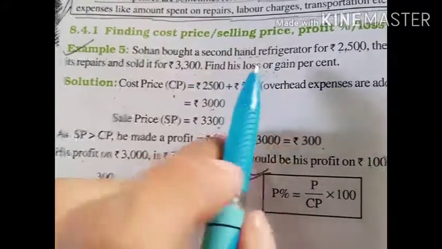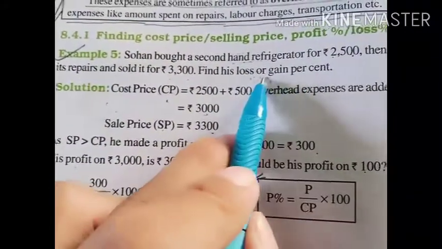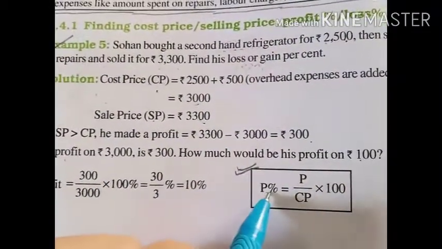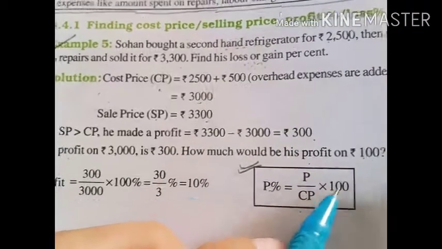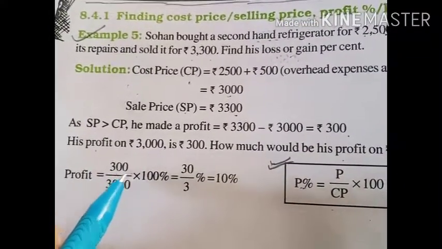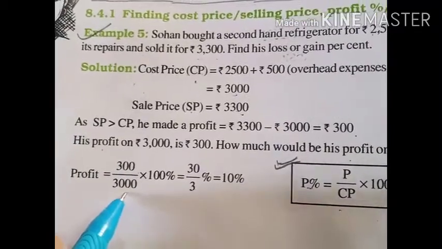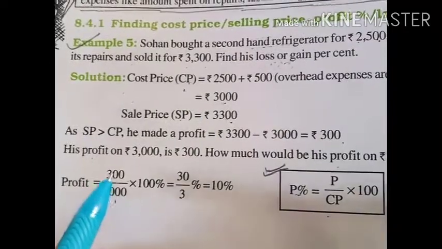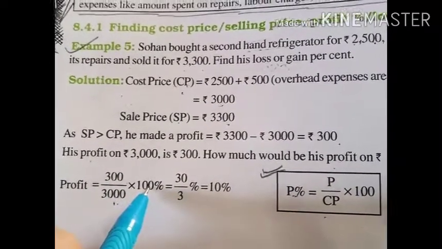Now we have to find the gain percentage. Gain means profit. There is a formula, profit percentage is equal to profit upon CP into 100. So whatever profit he got, 300, upon CP, the total cost price. Total cost price is 3000. So 300 upon 3000 into 100.